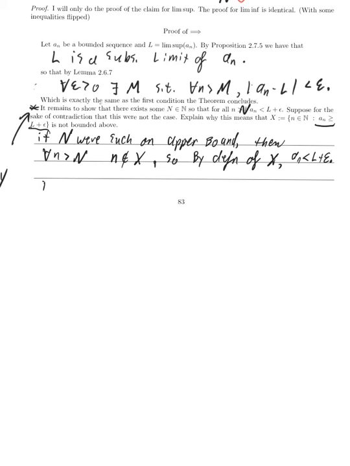So what does this mean? Thus, if X were bounded above, then there exists some choice of big N, namely an upper bound, such that for all little n bigger than big N, a sub n is less than L plus epsilon.